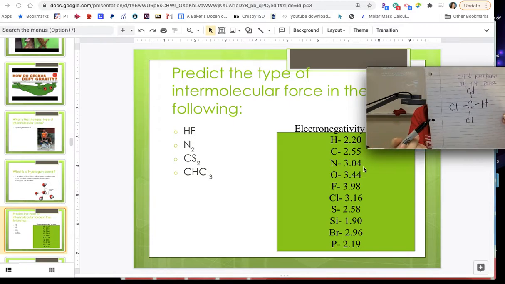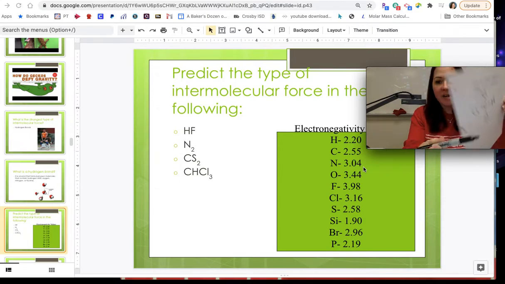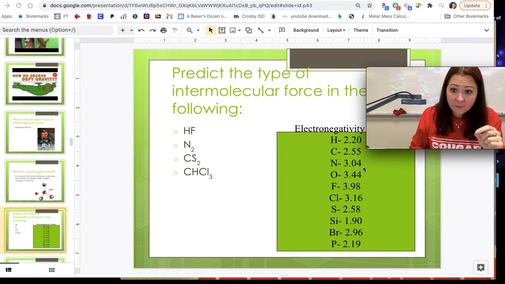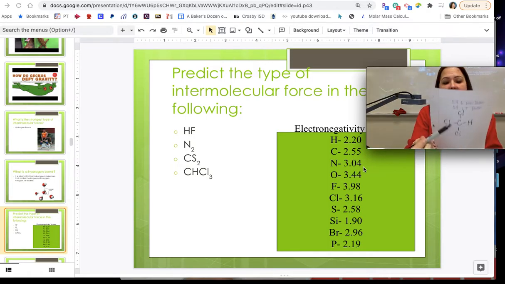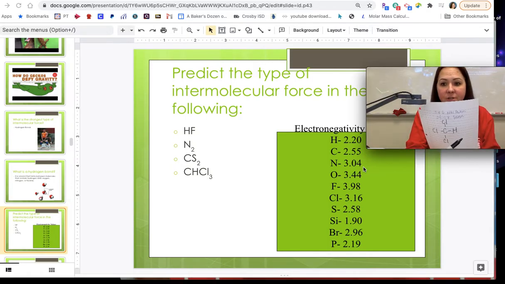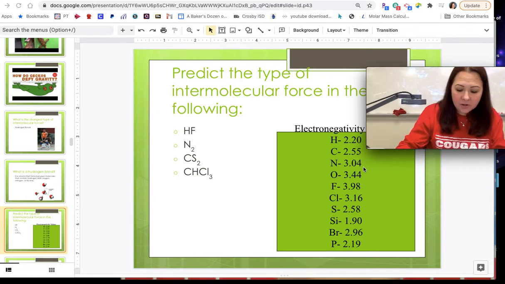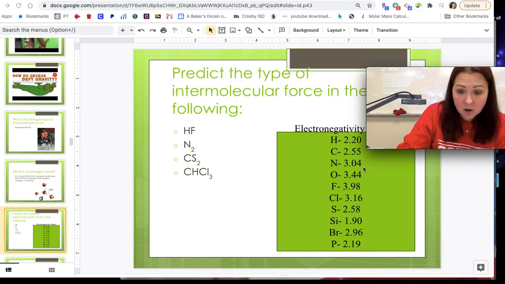With that general shape, remember we need to get a difference between chlorine and carbon. We're going to get a difference between carbon and hydrogen. If one of those differences is polar, the entire thing is polar. So we have a difference between carbon and hydrogen, and we need to find a difference between carbon and chlorine. When I look at my chart up here, it says carbon is 2.55, hydrogen is 2.20.